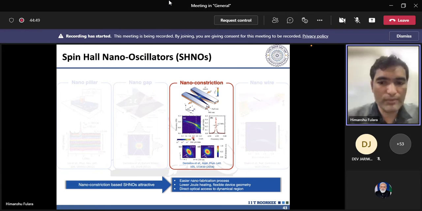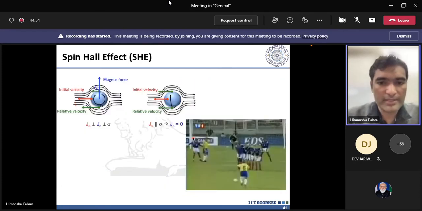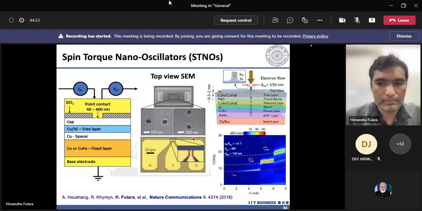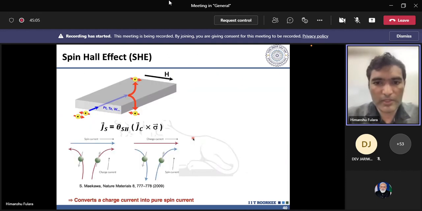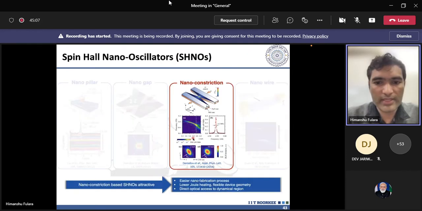If you compare with the devices I discussed earlier, the operational current was 22 milliampere and 8 milliampere, and with the spin Hall effect you can reduce the current to 3 to 4 milliampere. So you essentially need even less than 3 milliampere.